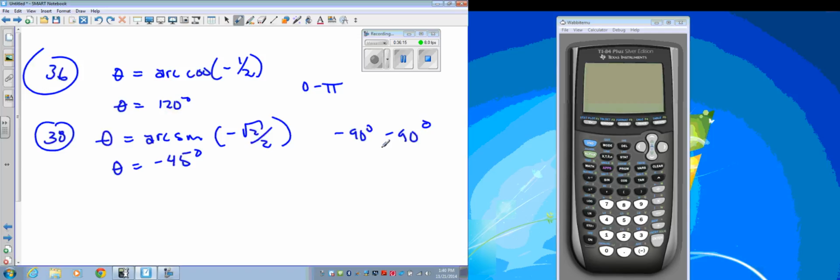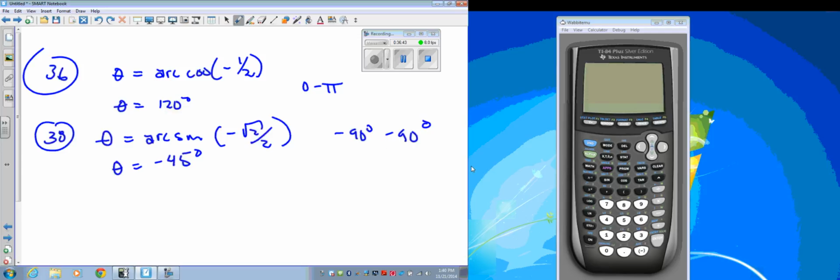And notice the interval that it's defined over is minus pi over 2 to pi over 2. Do you see that? That's where it's 1 to 1. Remember, it has to be 1 to 1, and you have to specify the range. And this is just a universal specification, because if you put it in your calculator, you'll get the same thing.